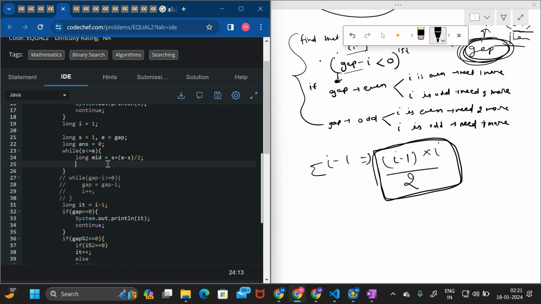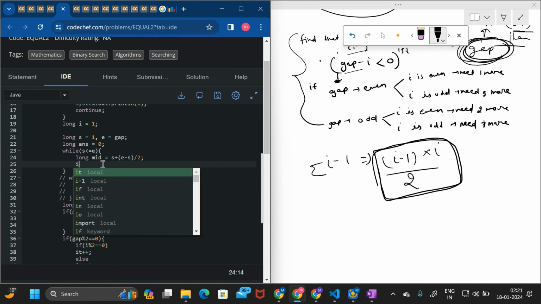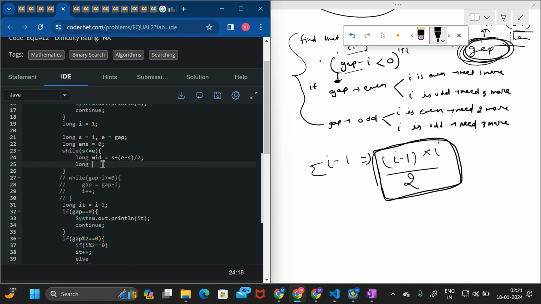Okay, let's say till mid, what is the addition? Till mid, k equal to the first n numbers summation, mid times (mid plus 1) divided by 2.